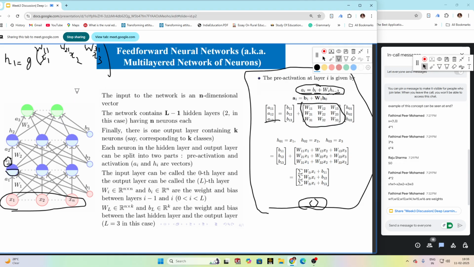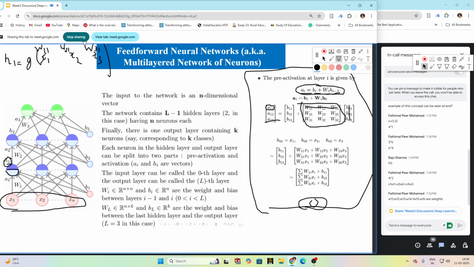So is it right? But according to our formula, whenever we are multiplying matrices, we take a row of the first matrix and a column of the second matrix, right? So whenever we calculate this, it will be W11 into HO1, W12 into HO2, and W13 into HO3.